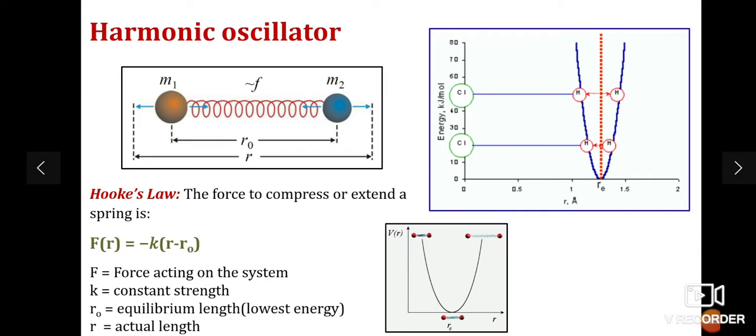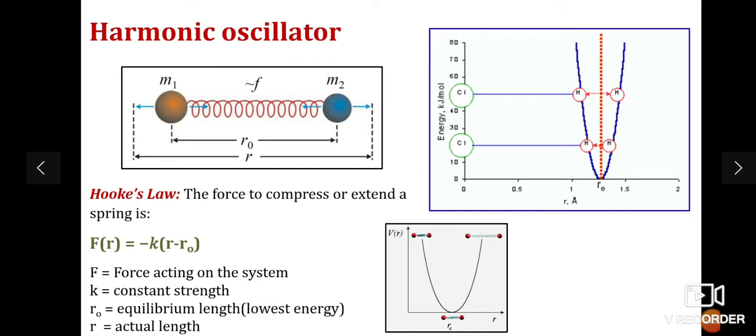picture. When you compress, the length R will be very small. When you stretch, the length will be more. So you will get the U type curve. You apply Hooke's law here, that is F equal to minus kx.